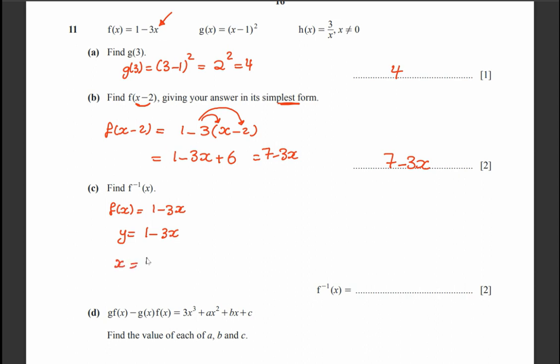So x will be equal to 1 minus 3y. Now I want to isolate y, or solve for y. So I will send 3y to the other side to be positive and x to the other side to be negative. So 3y equals 1 minus x. Then divide both sides by 3. It will be 1 minus x over 3, like this.